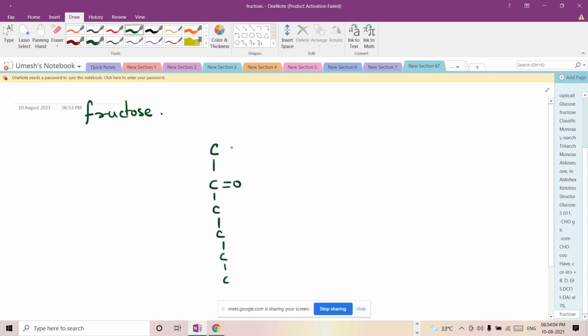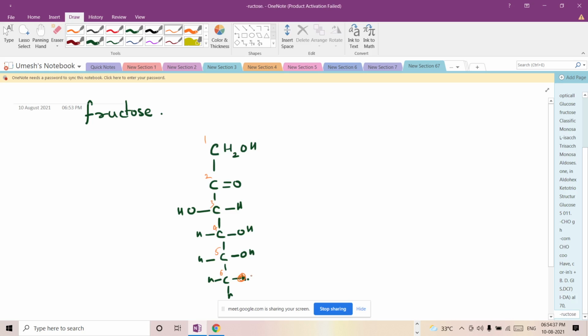It's a ketonic group here. CH2OH. On the third carbon atom, OH group on the left hand side. And now I'm going to number it: 1, 2, 3, 4, 5, and 6.